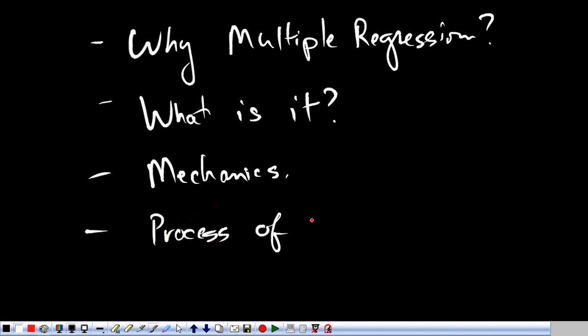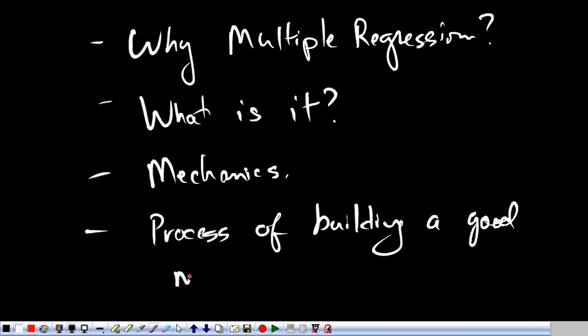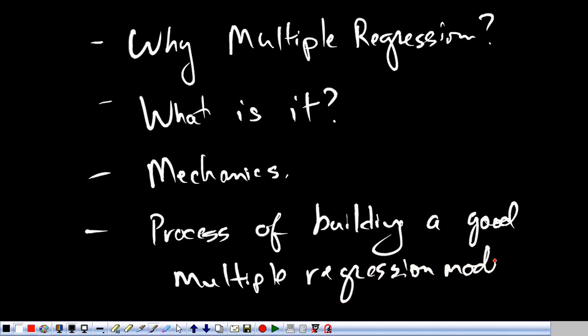of building a good multiple regression model. We'll talk about the process of building a good multiple regression model.